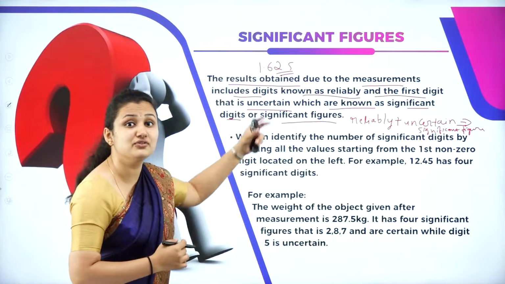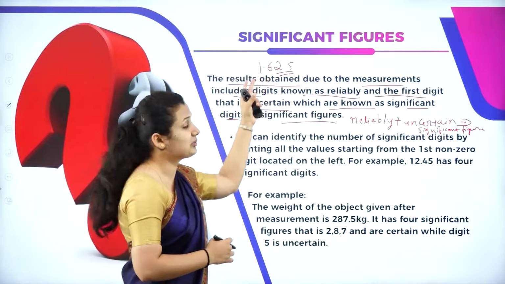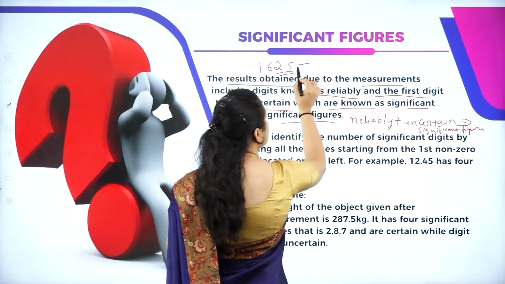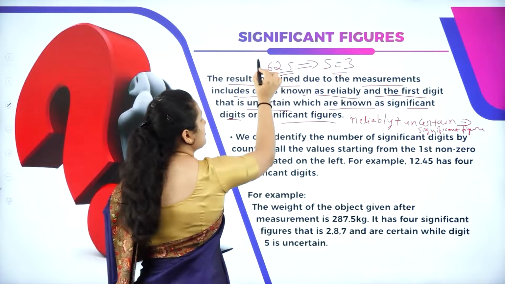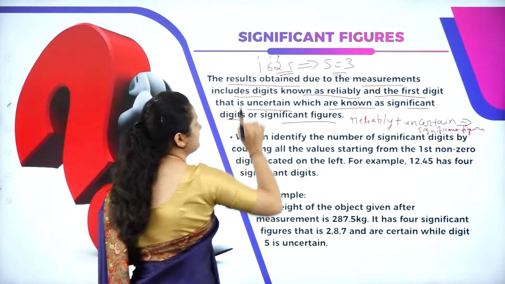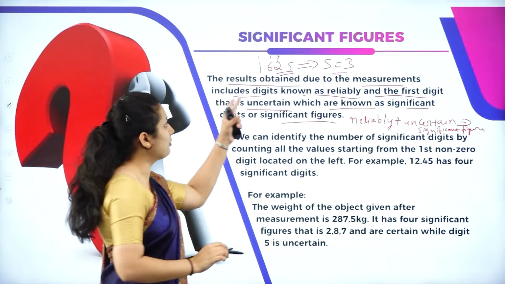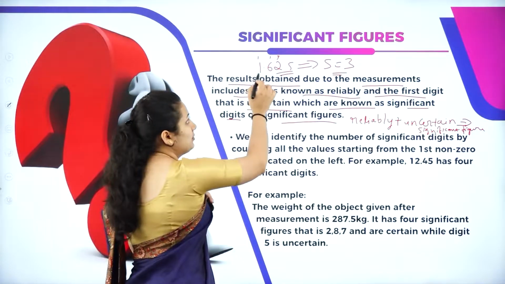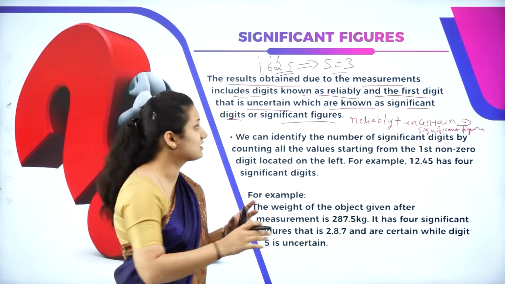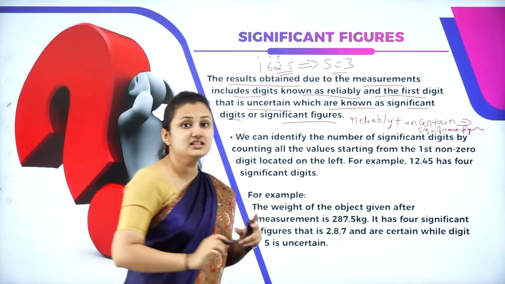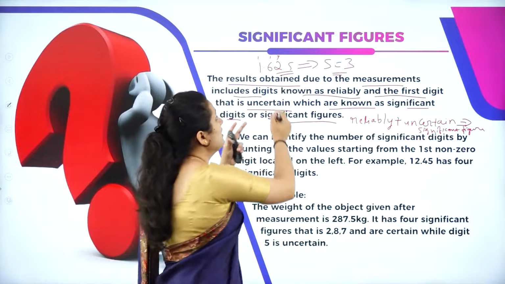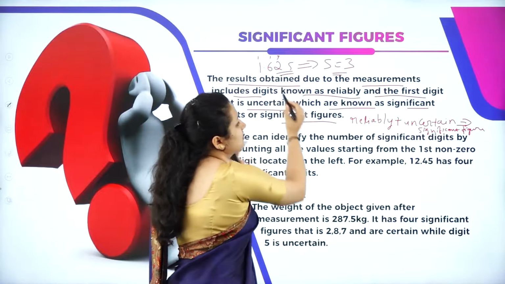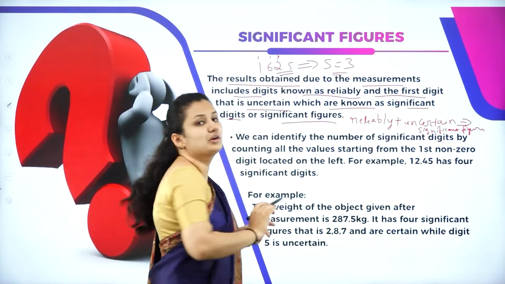How many significant figures do you have in this time period? Significant figures is equal to 3. I have 3 numbers, 1.62. Here 1.6 are reliable and certain. My last digit is uncertain. So reliable plus uncertain gives you significant figures.